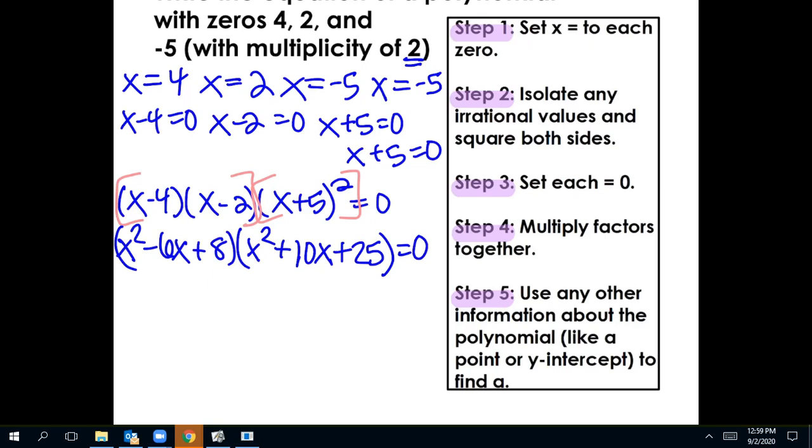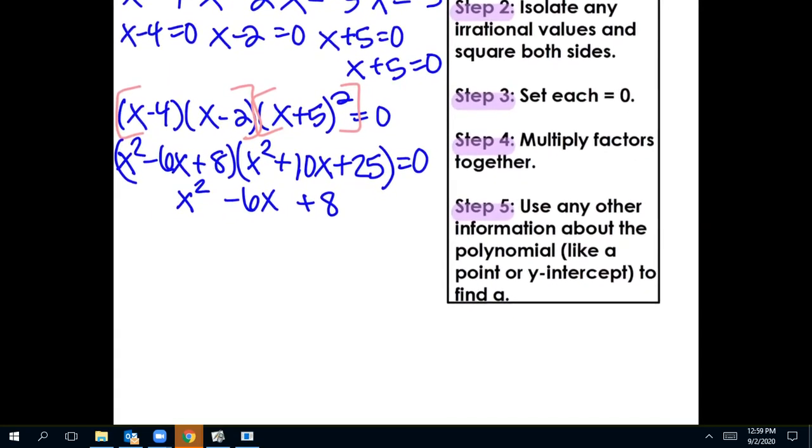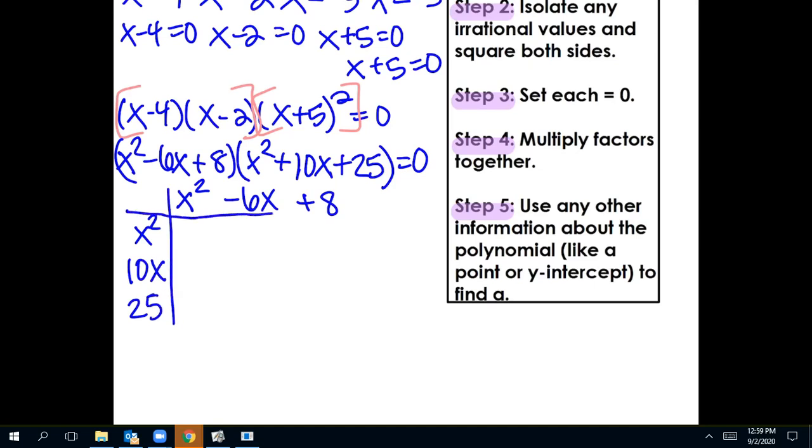And we're not done multiplying them together because we really need to do this trinomial by this trinomial now. And I'm not trying to FOIL that. So what I do is use a box. So I have x squared minus 6x plus 8 on one side, x squared plus 10x plus 25 going down the other. And I just separate them out. Now we're going to multiply everything in here.